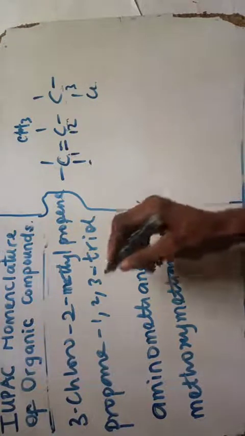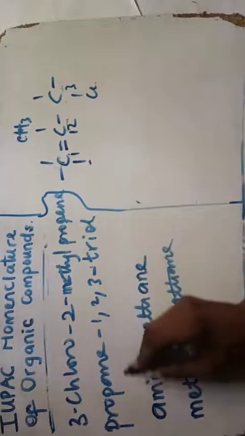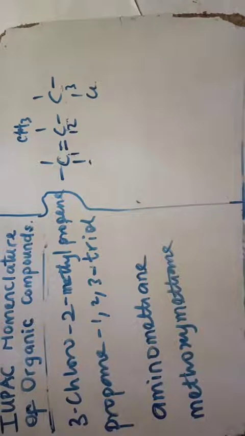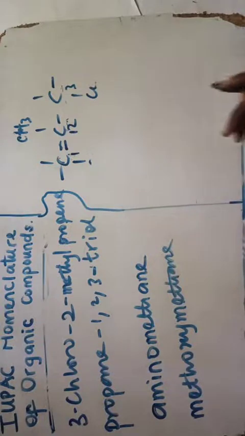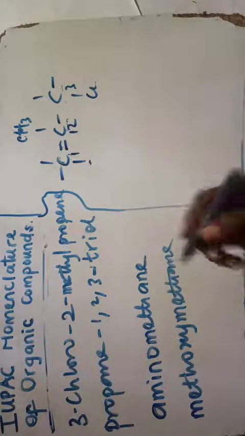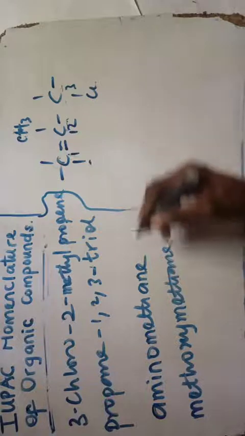Okay, so now the next one: propane-1,2,3-triol. The functional group here is the alcohol, and if you remember, your alcohol family is the OH group.